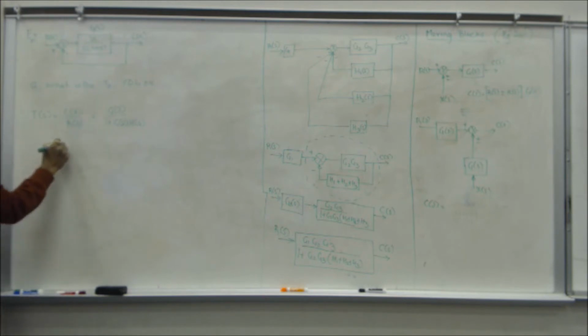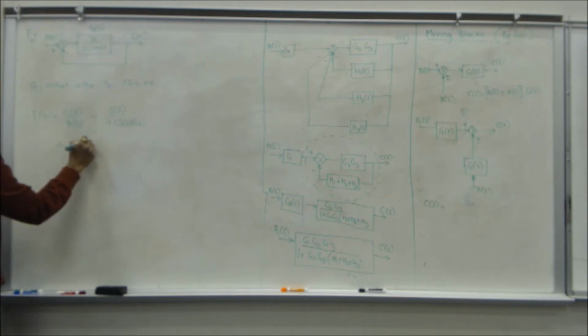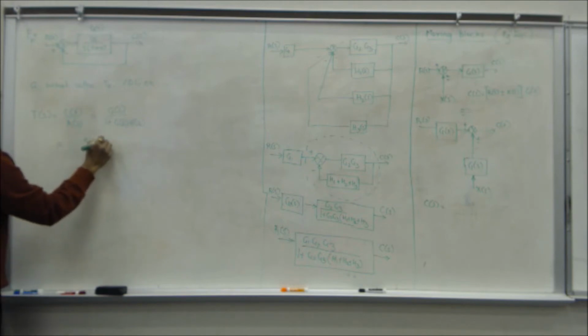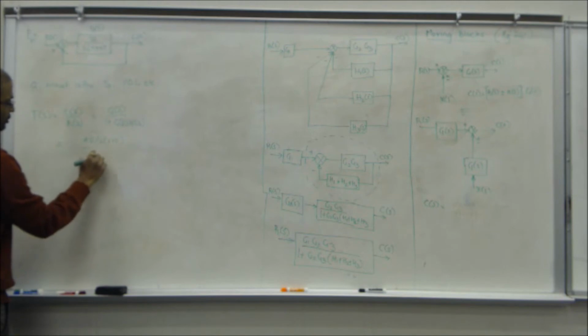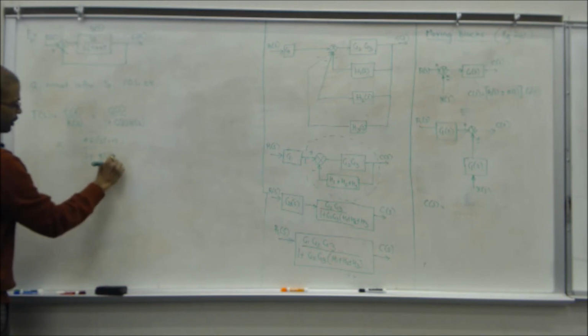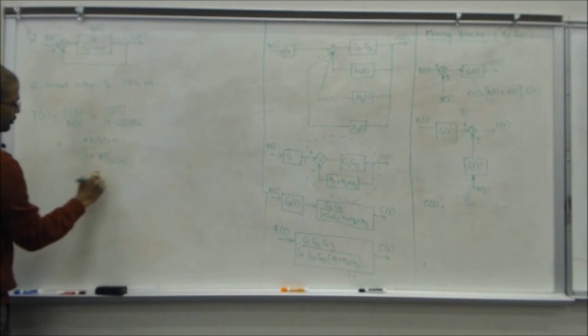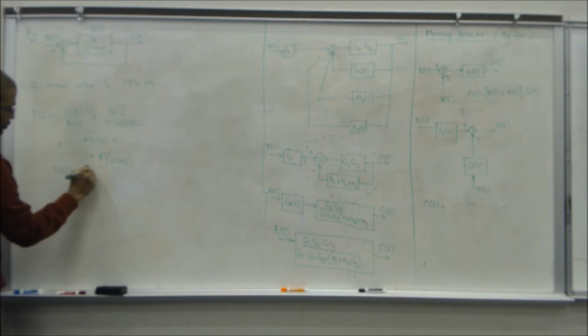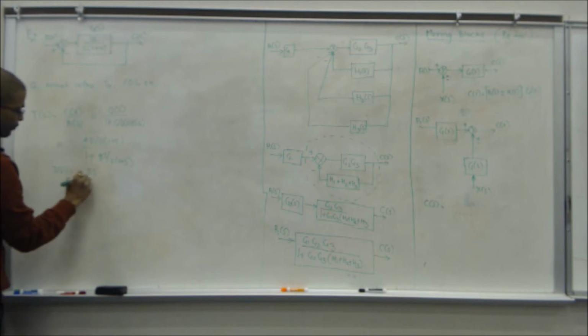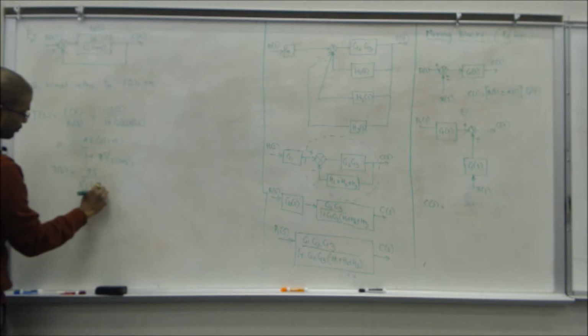Right, so, but this becomes 25 over S into S plus 5 over 1 plus 25 over S into S plus 5, okay. So this would be, T of S would be 25 over S square plus 5S plus 25.